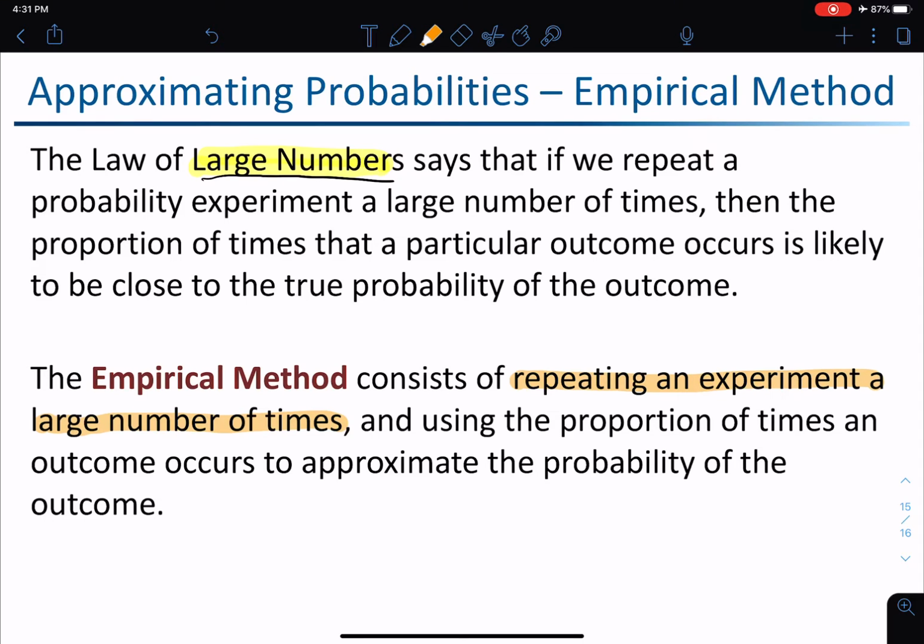Because if you repeat the experiment a large number of times, we know that's going to guarantee that the probability gets close to its theoretical probability. And using the proportion of times an outcome occurs to approximate the probability of the outcome. So by doing the experiment many times, we can approximate that probability, and we know that the more you do the experiment, the better that approximation gets.